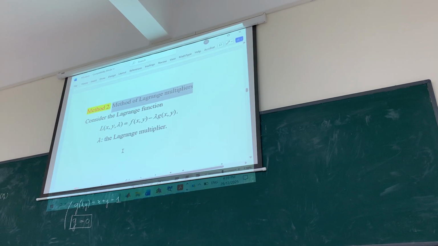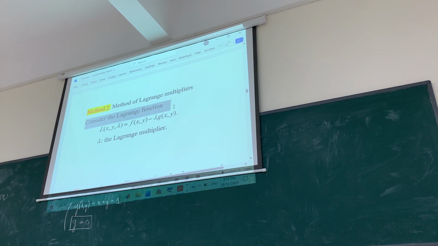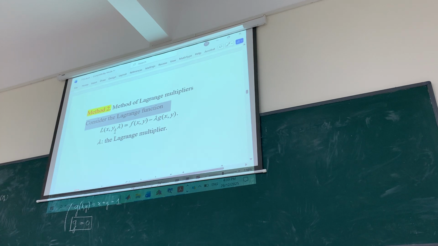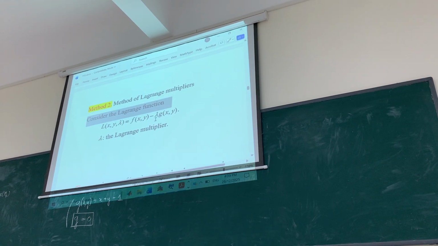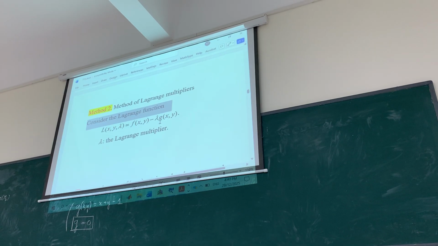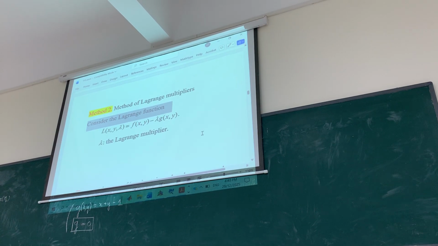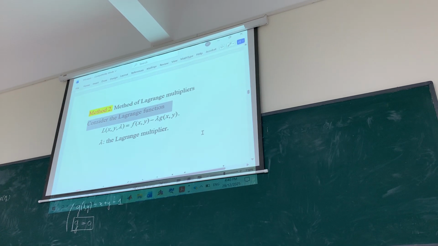In this method, we consider the Lagrange function has this form: lambda is equal to f minus lambda z. This appears a new variable lambda. Lambda is called the Lagrange multiplier.